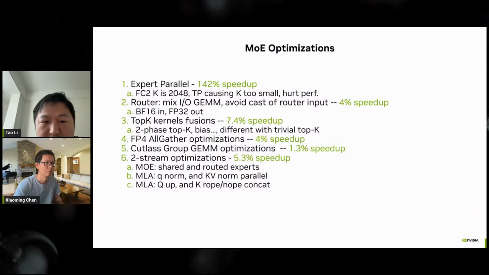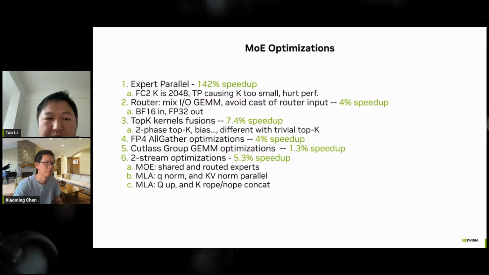The intuition behind this is that when you use tensor parallel, it will shard the matrix multiply in the k dimension. In the DeepSeek R1 problem set, the k is about 2000, and if you use 8 GPUs and shard this k dimension, the k will be just about 256.